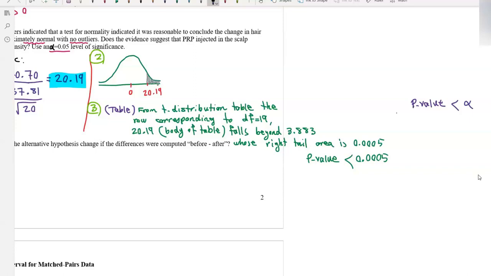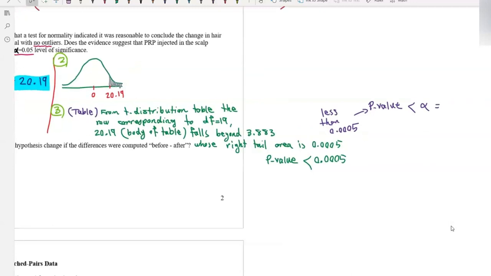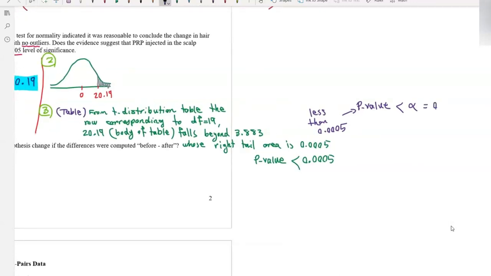We can just write this is less than 0.05. That's why we have to reject. So this was using the table.